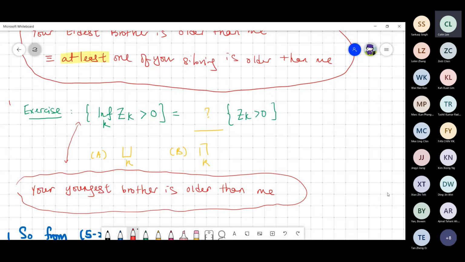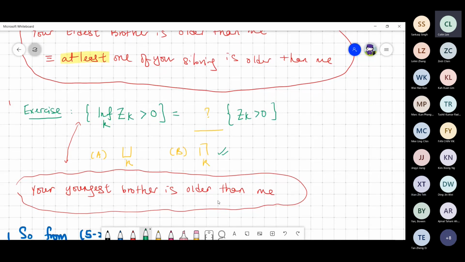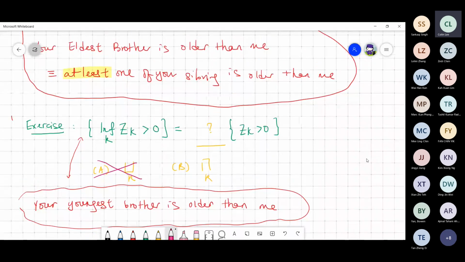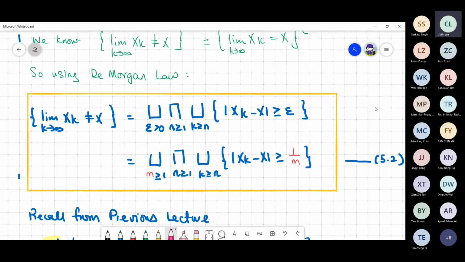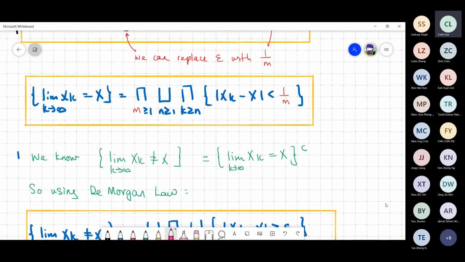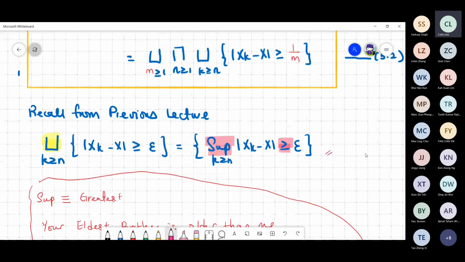The youngest one is older than me, so that means all your siblings must be older than me, right? So that's why the answer will be this one. Got it? This is the way. So this is the second technique that we have used here, and I think this is actually from the limit in calculus.